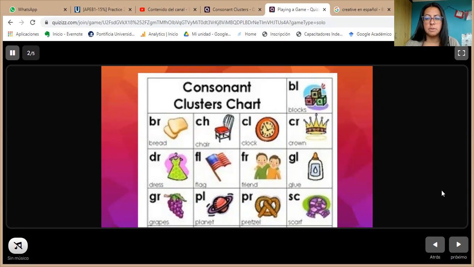I chose this image because I think that first we have to talk about what a consonant cluster is. So here we have some examples, and I think this can be an easy way to explain and also for the students to understand by themselves what the consonant clusters are.